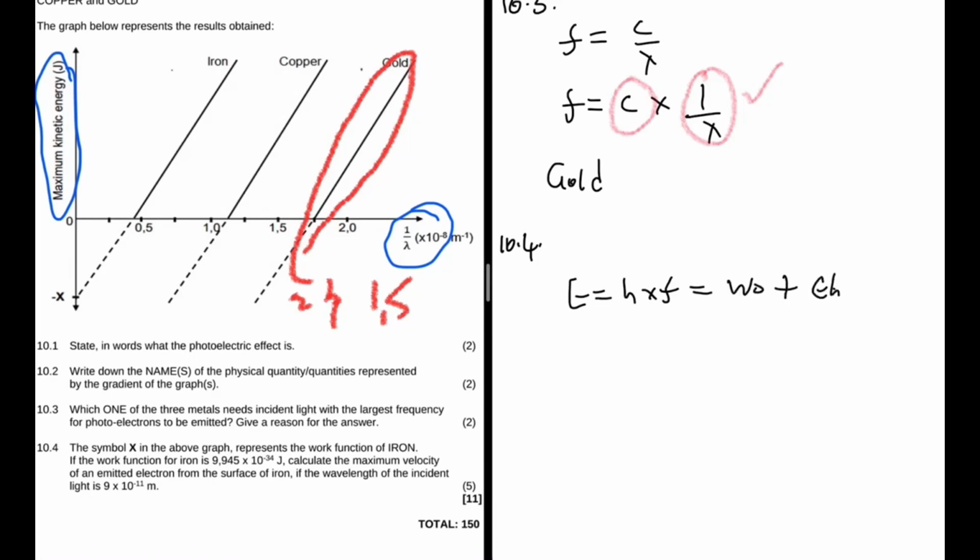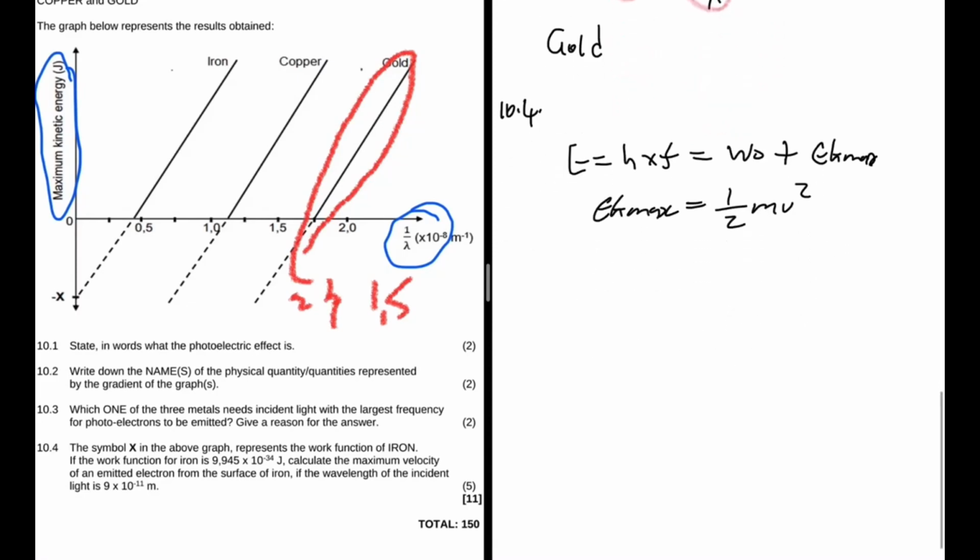So again, we have the energy being equal to h multiplied by f being equal to the work function plus EK max. So here we are asked to find the velocity of an emitted electron, right? So EK max will be equal to 1 divided by 2 mv squared, because that's the equation for kinetic energy, right? So now we have h multiplied by f being equal to the work function plus 1 divided by 2 mv squared.